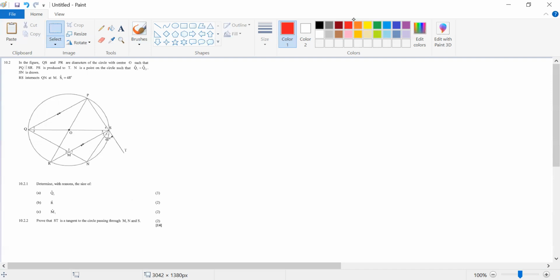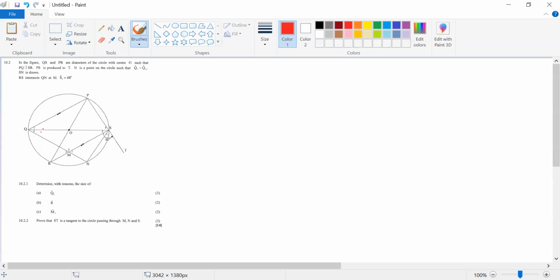So that's a very important bit of information. Q1 is equal to Q2. And SN is drawn. They tell us that S1 is equal to 48, and that's on our diagram. So for 10.2.1, determine with reasons the size of Q1.